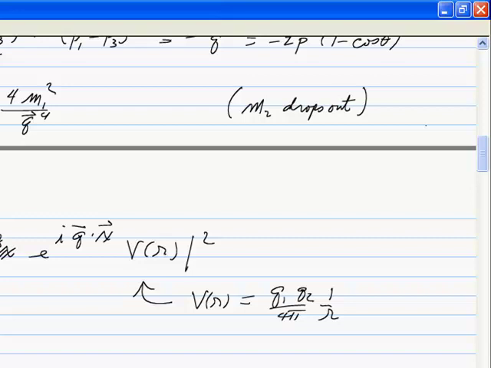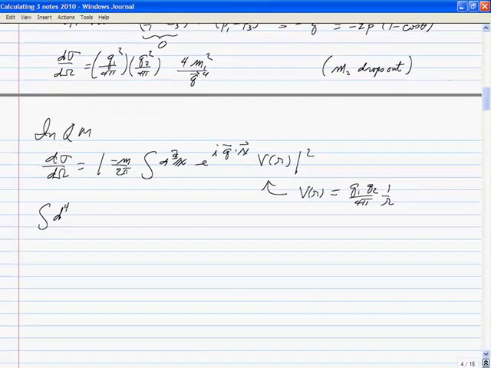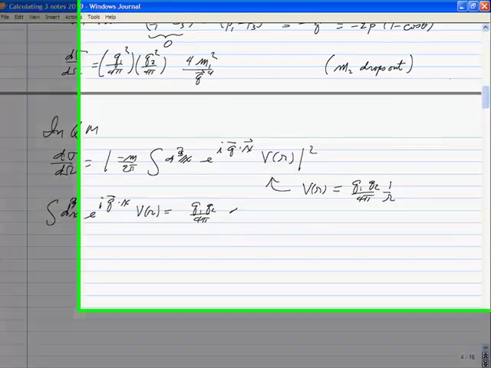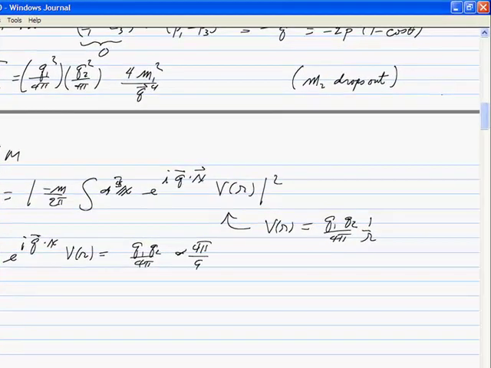And the Fourier transform, the d3x e to the i q dot x of V of r, turns into Q1 Q2 over 4 pi times 4 pi over q vector squared.